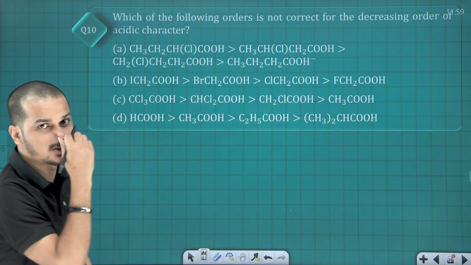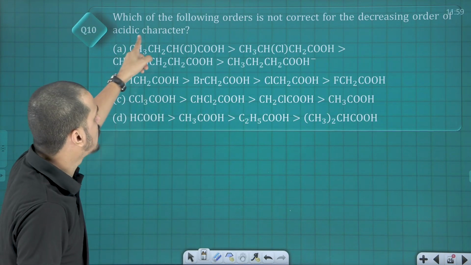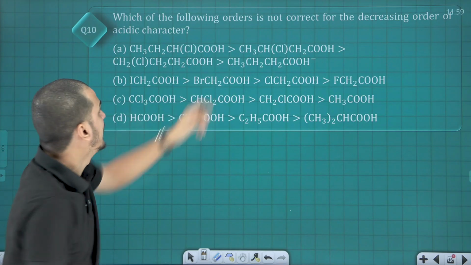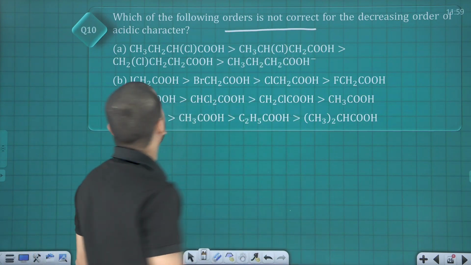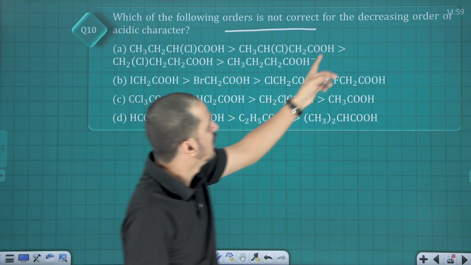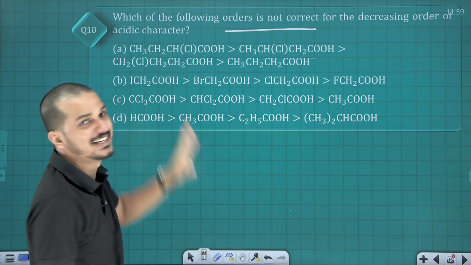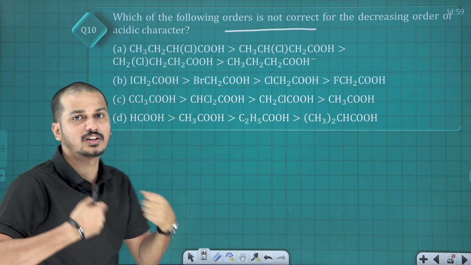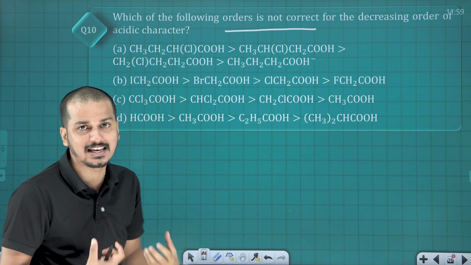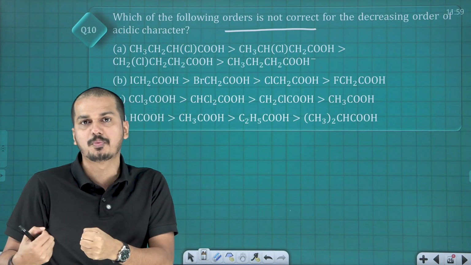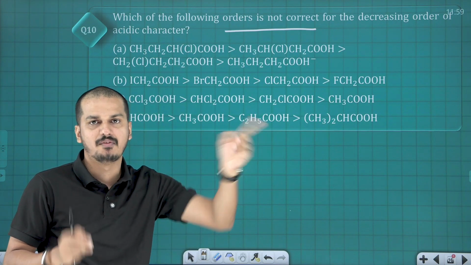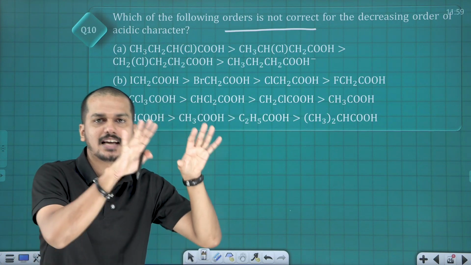Next question. What about the question here? Which of the following orders is not correct for the decreasing order of acidic character? So we know the idea, acidic character of carboxylic acid. Whenever an electron withdrawing group is there, acidic character increases. Whenever an electron donating group is there, acidic character decreases.